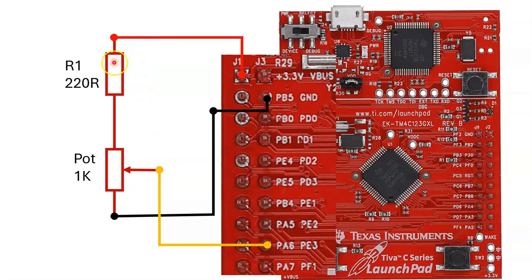As mentioned earlier, the 220 ohm resistor is connected to the 3.3 volts pin, which is this one here, and then the middle pin of the potentiometer is connected to PE3 of the LaunchPad board, and the other end of the potentiometer is connected to ground of the LaunchPad board. All right, so this is the wiring diagram.